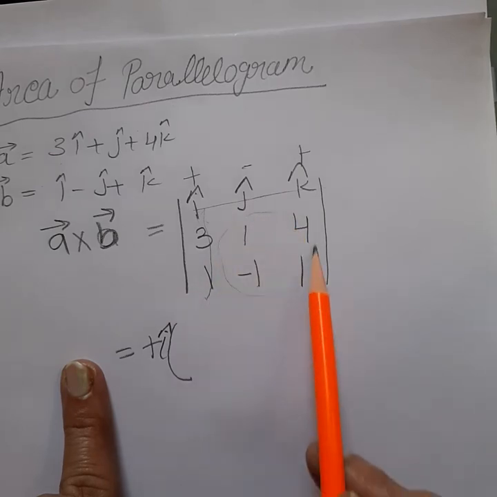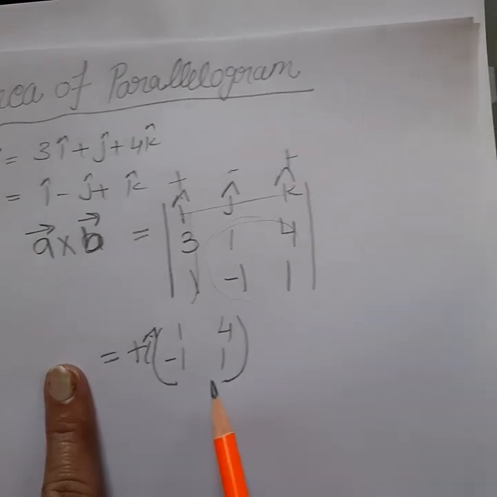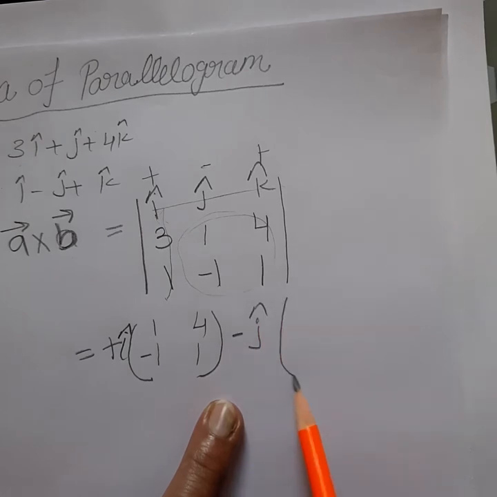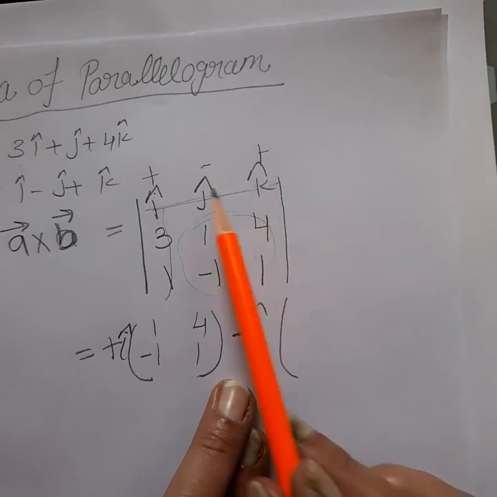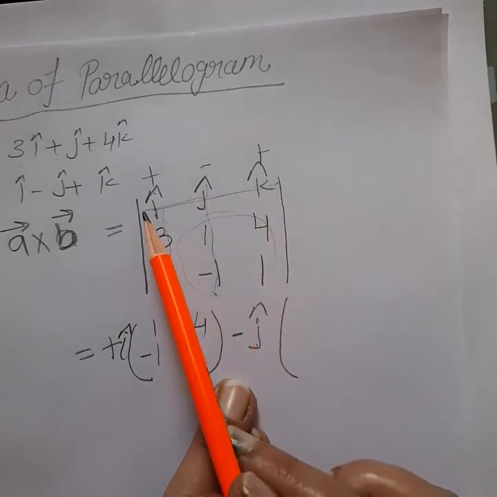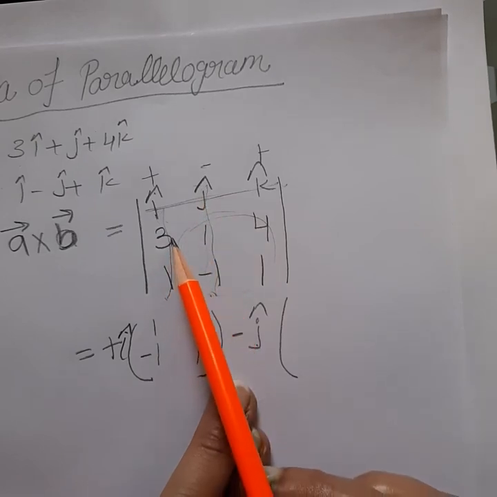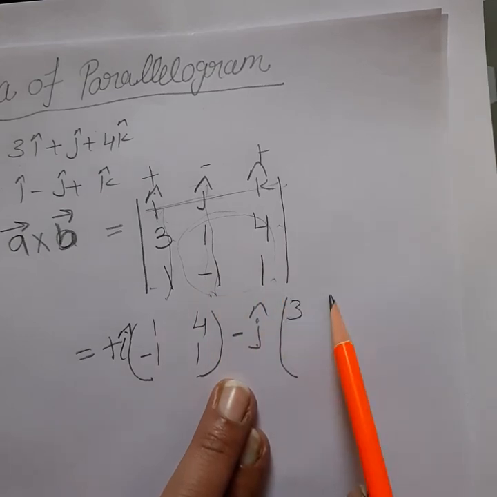So you have to find the solution of this: first of all you write 1 4 minus 1 and 1. After that you write here the second element, that is j, and you leave this row and column. Again I repeat, you leave this row and the same column and you get the elements 3 4 1 1. Then you write here 3 4 1 1.